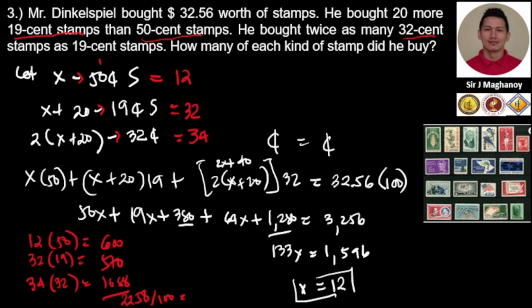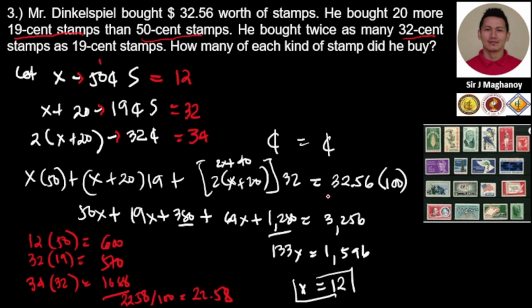That will become 22.58. So does it match? No, it does not. So the total should be 32.56. So what is wrong with our problem?